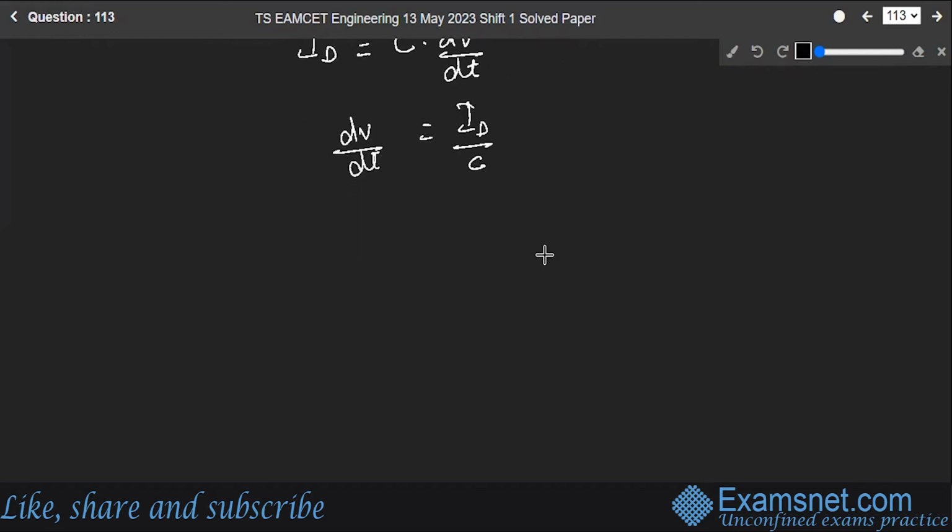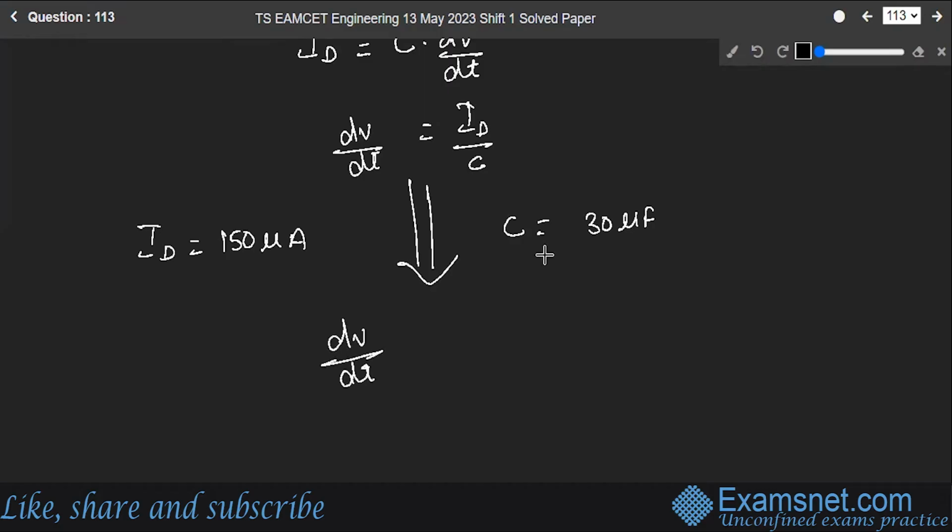Now in this question, you have the displacement current as 150 microampere and the capacitance is given to you as 30 microfarad. Let's use this thing. dV by dt is equal to 150 microampere. Let's convert it.